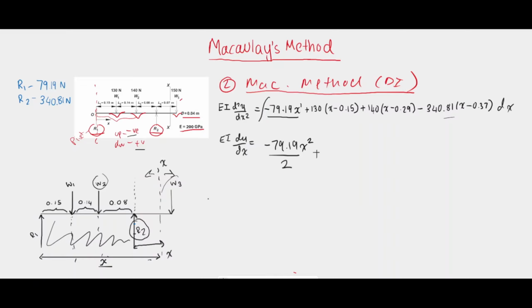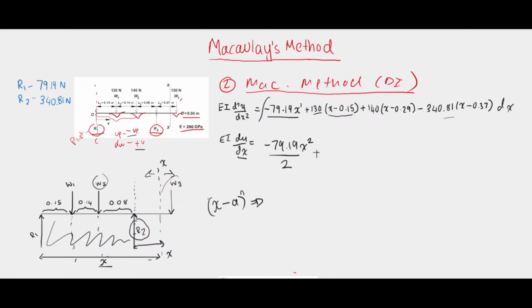So remember, we're only integrating with respect to x. So this is a constant, and so we'll only be integrating the term that is inside the bracket that includes x. When you integrate terms that are inside brackets, it'll be something like this: x minus a to the power of n.